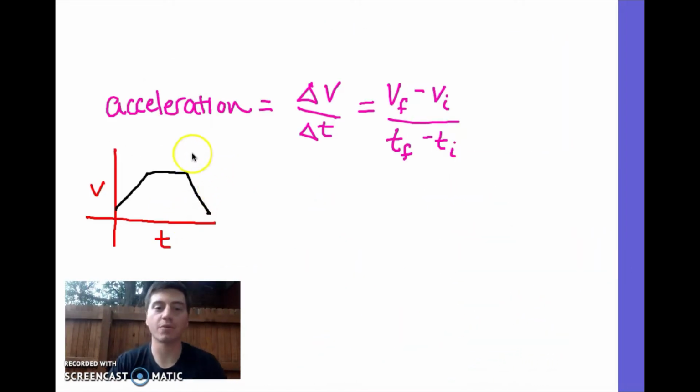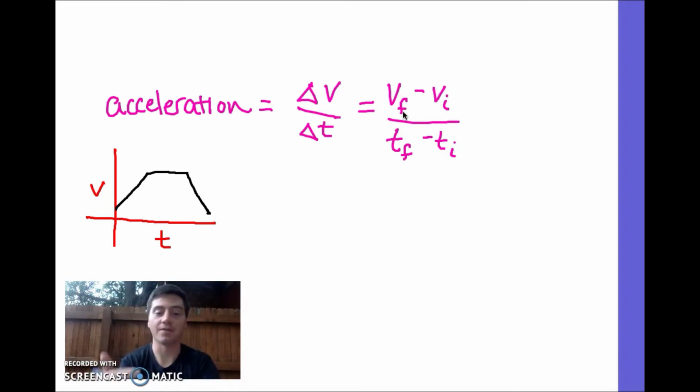So to recap real quickly, acceleration is your change in velocity over your change in time. You can also write that as v final minus v initial over time final minus time initial. So how fast did you end up going minus how fast did you start at? That'll give you the difference in how much your velocity changed.